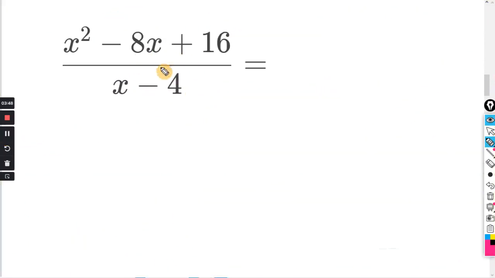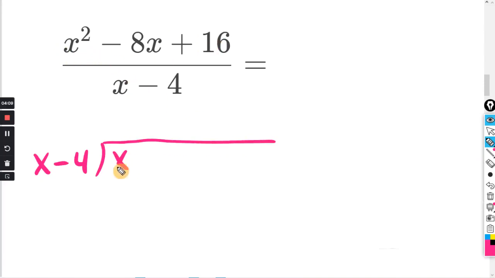All right, these are all basically the same. And like I said, I know you can do it by factoring, but I'd rather you do it the division way because we're going to get into that later. So the denominator is written first, x minus 4. And that is divided into the numerator, x squared minus 8x plus 16.